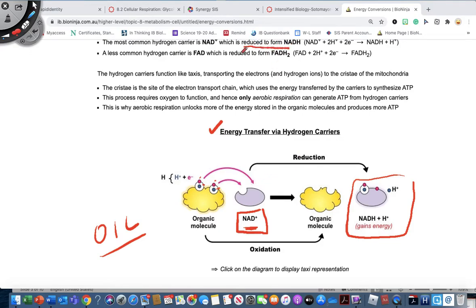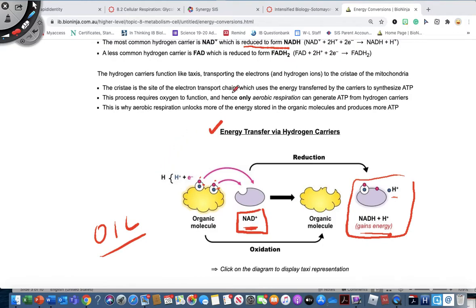We saw it over here. It becomes reduced to NADH, okay? And then it kind of releases a hydrogen ion here. But when NAD+ becomes reduced, that means that it gains energy, right? Because remember that this organic molecule, as it started to break down in this oxidation process, transferred its energy to these hydrogen ions and these electrons that now get picked up here by this molecule.